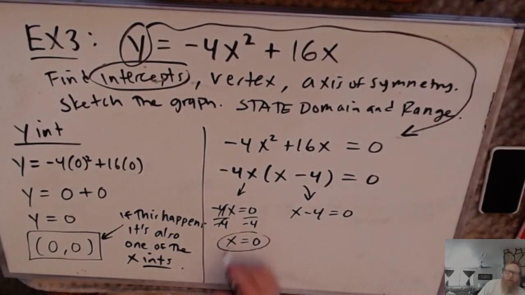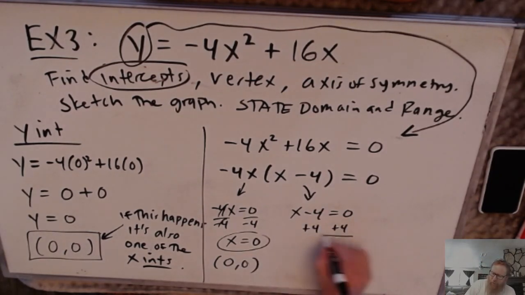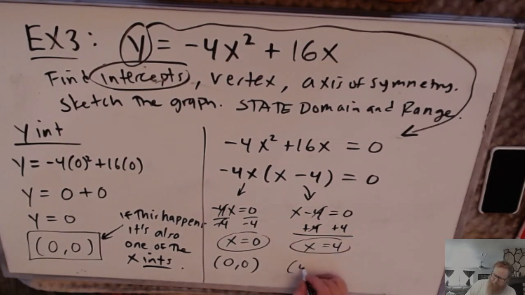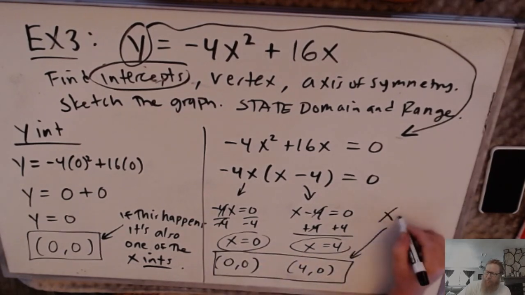You're going to get 0. This is the one you already had, which is 0, 0. You already had that one. This is the new one. When you add 4 to both sides, you get 4, 0. So these are your X-intercepts.